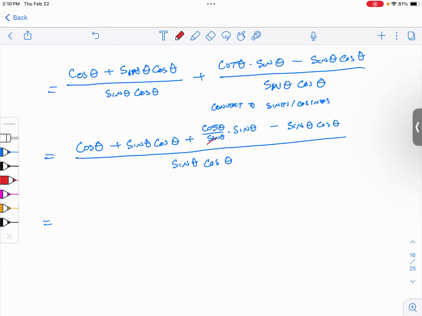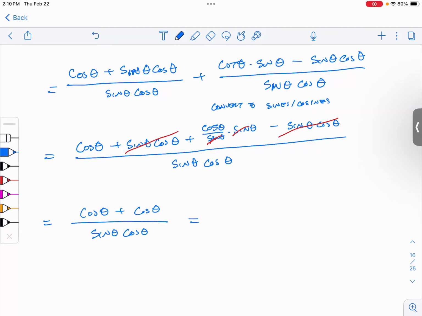Because I actually see now that is helpful. I have a cosine in the denominator times a sine in the numerator. And also notice plus sine theta cosine theta minus sine theta cosine theta. That and that cancel out. So now I have cosine theta plus cosine theta all over sine theta cosine theta.